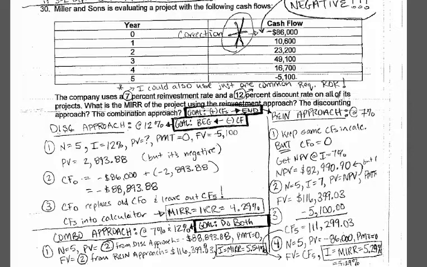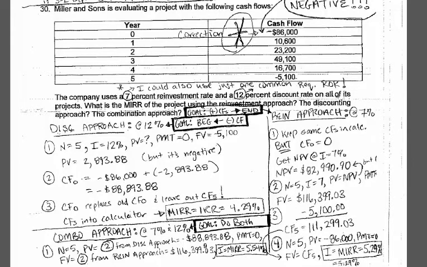Okay, so in this case, your future value is going to come from step 2 of the reinvestment approach. It's going to be that $116,399.03 you see in step 2. You're not going to subtract the 5,100 out because that gets discounted back to the negative 86,000 when you did the discount approach. So your present value is going to be from step 2 of the discount approach.